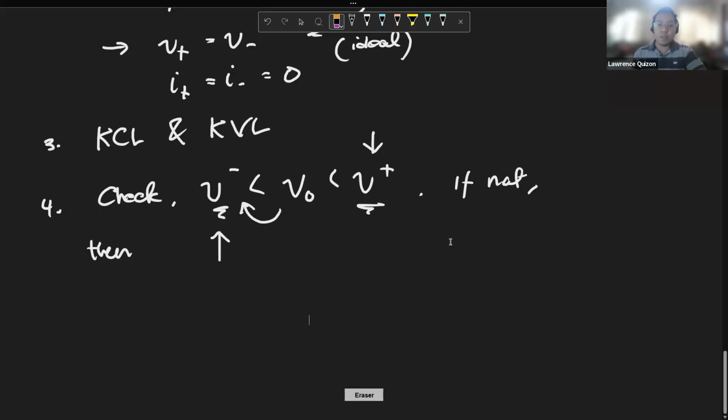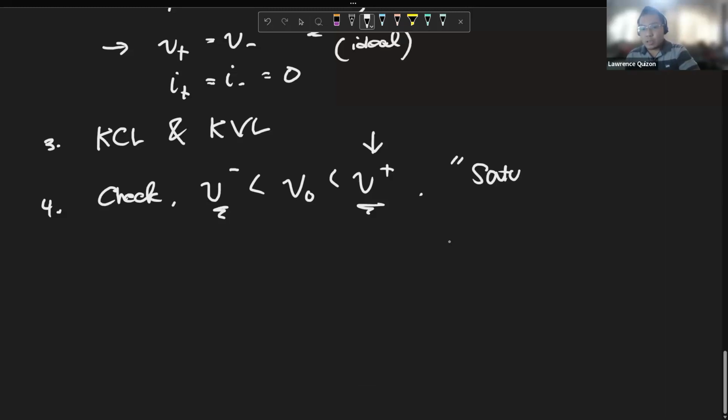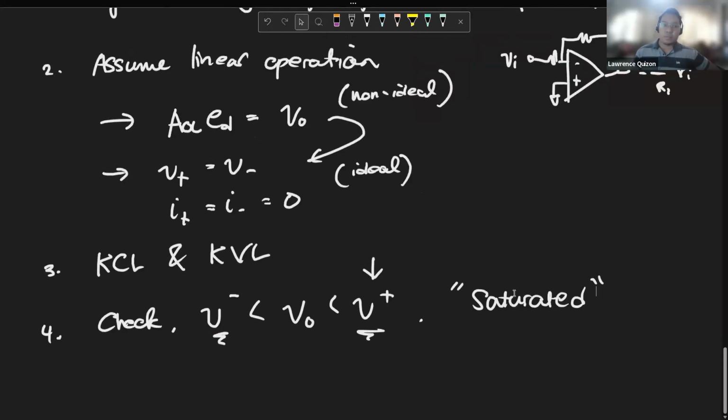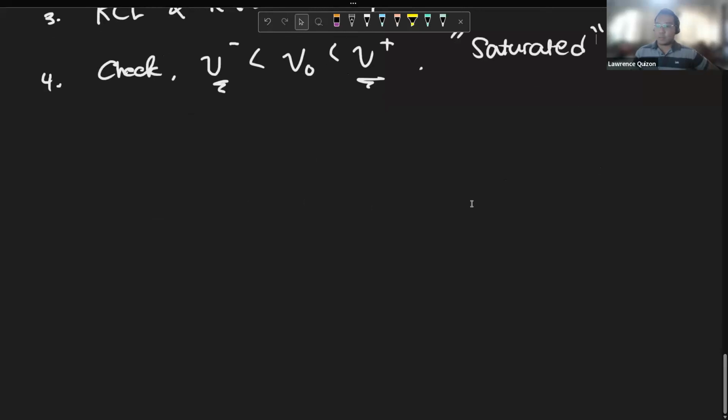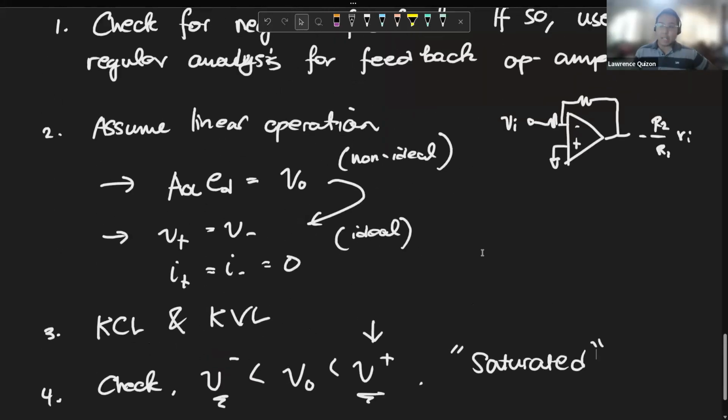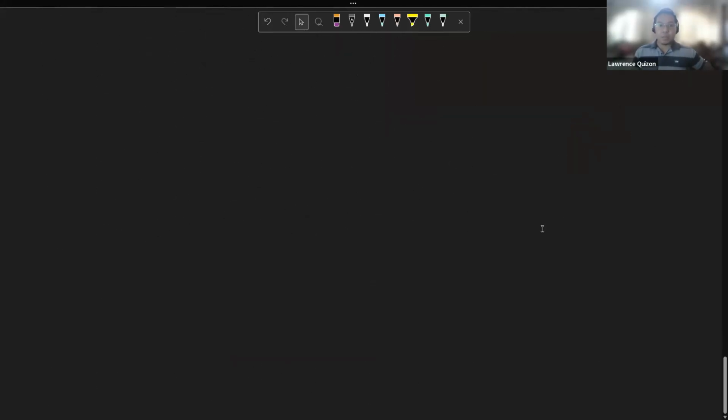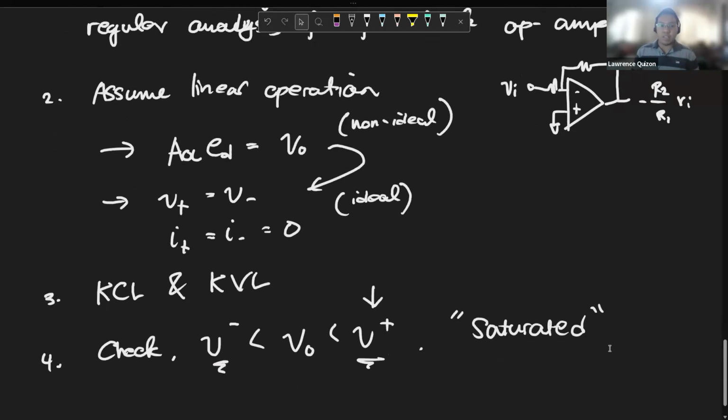So that's what happens for railing, no? Kapag saturated, you call this saturated na yung op amp. All right? So those are 4 steps for the analysis, which is included in the slides naman, so you can check again the slides. But to be honest, I don't really follow this rigidly.